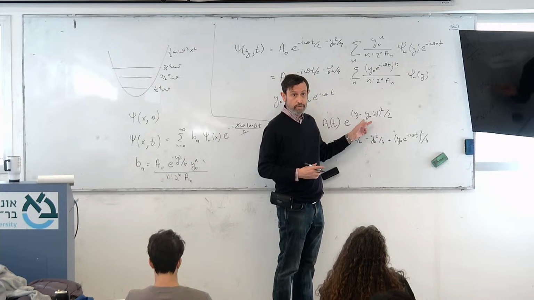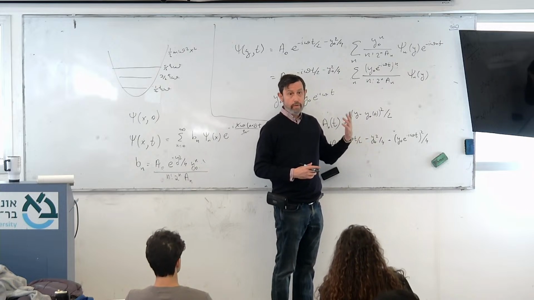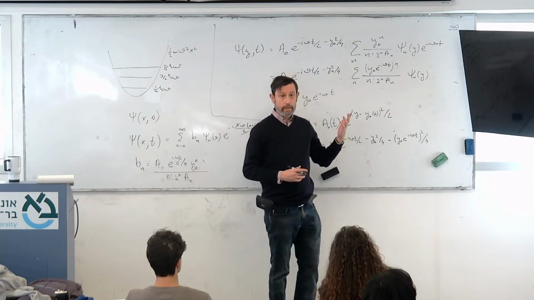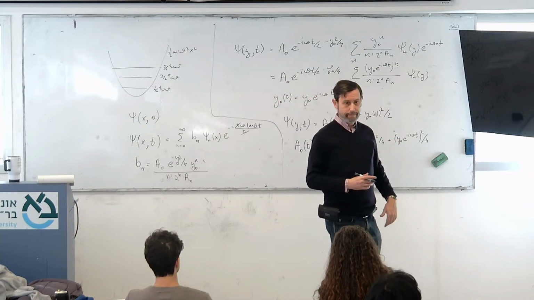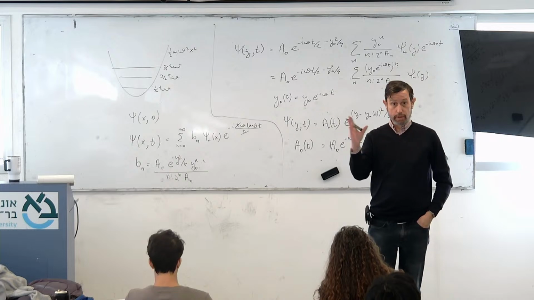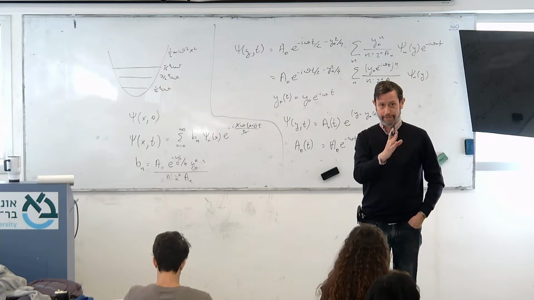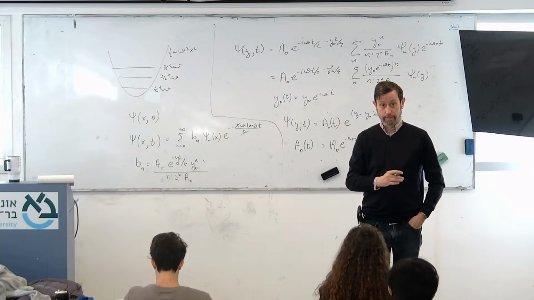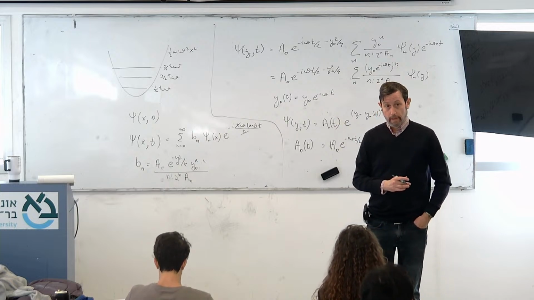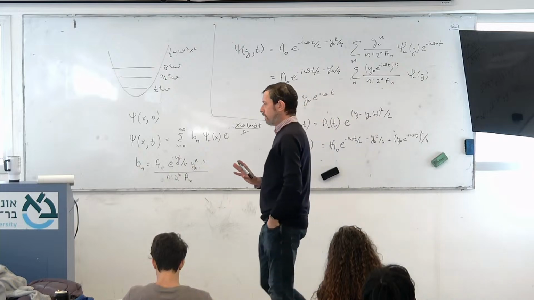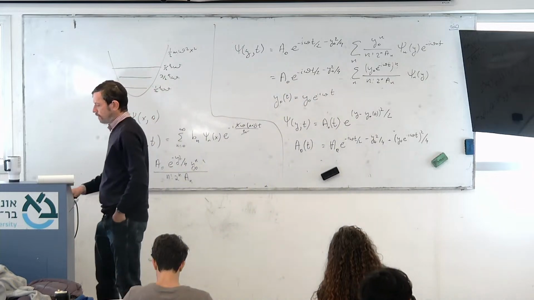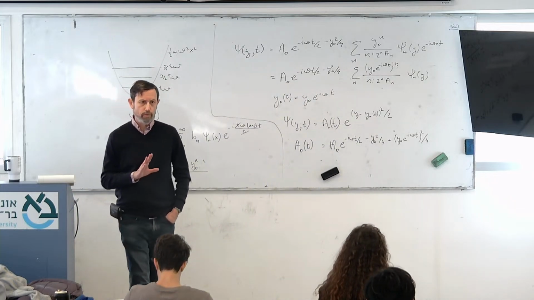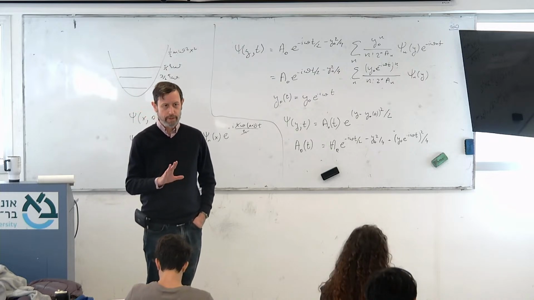How does it move in time? Like e to the power minus i omega t, which is a classical solution, an oscillator which depends on time. Now, it captures some of the truth, but not all the truth.